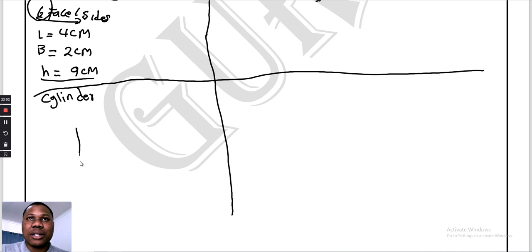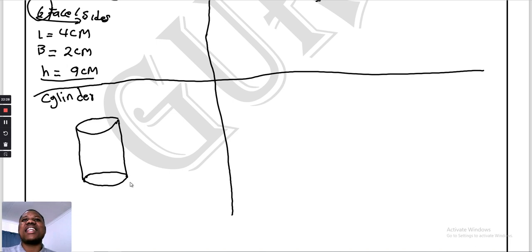We're going to have a line here and a line here, a line here. I think I'm winning. Good. I have tried my best. So this is a cylinder.